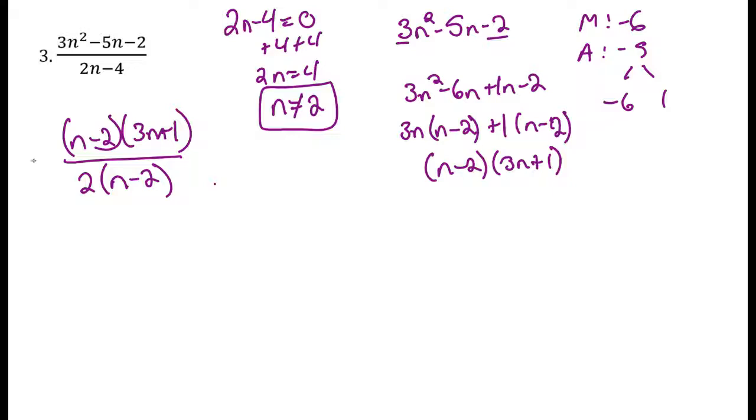Notice that this expression is equivalent to this expression I just wrote because factoring is just undoing the distributive property. We're not changing the value, we're just changing the way it looks. Now that it's factored, n minus 2 is a common factor in the numerator and the denominator, so they divide to 1, and we're left with 3n plus 1 over 2. But n cannot equal 2 to prevent that division by 0.